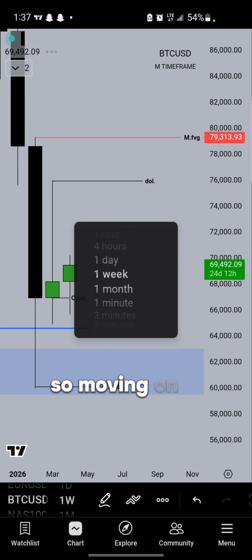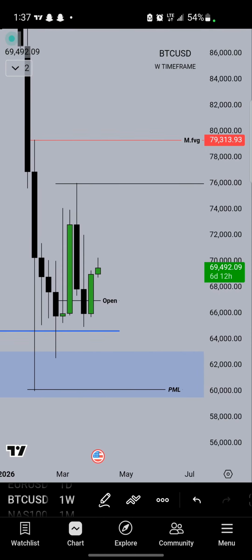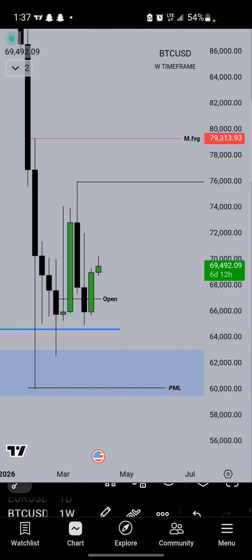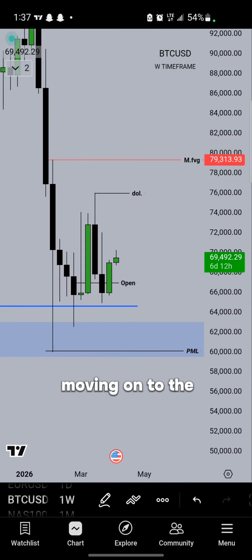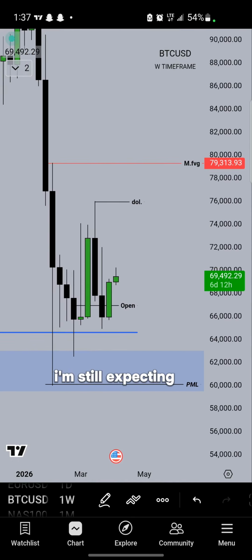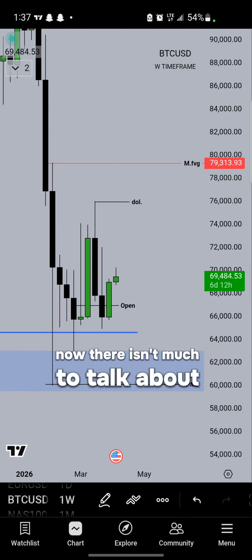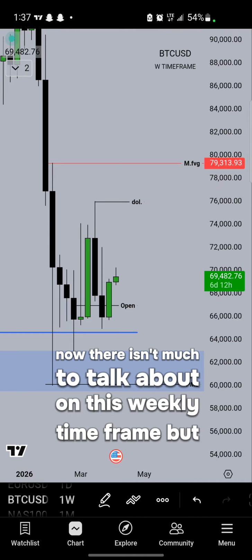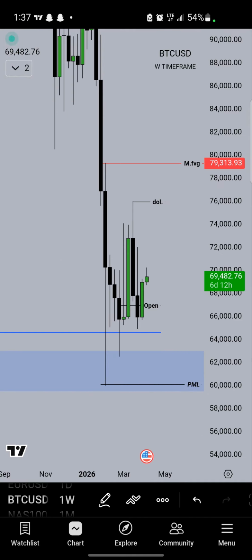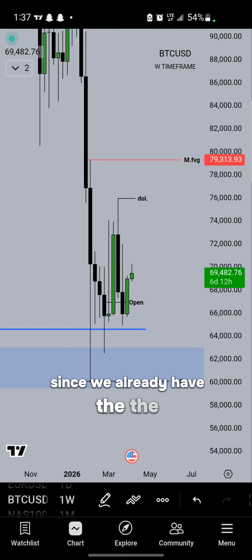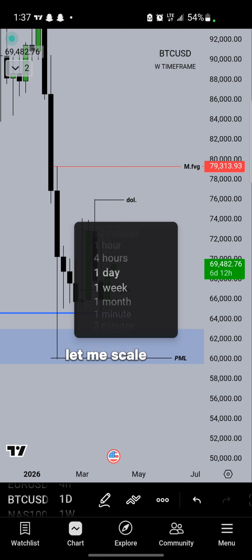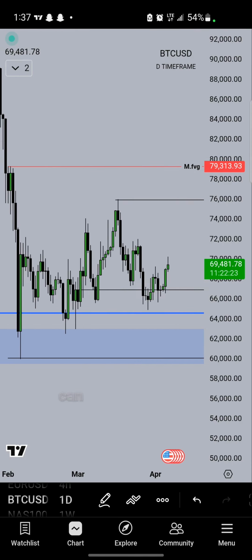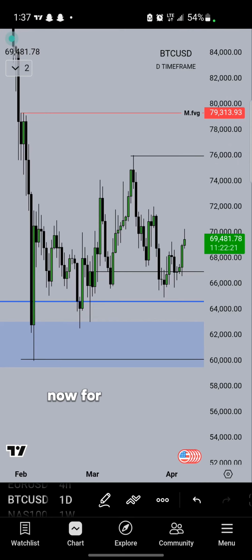Moving on to the weekly time frame, I'm still expecting the same thing. There isn't much to talk about on this weekly time frame, but since we already have the narrative for the month, let me scale down to the daily time frame to see if we can get a clearer bias.